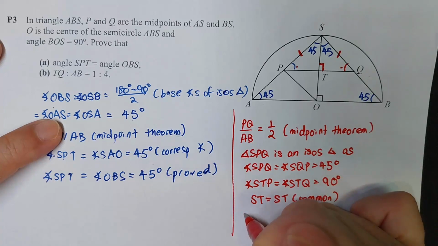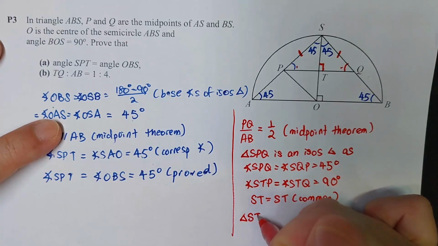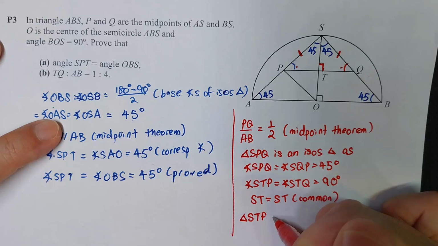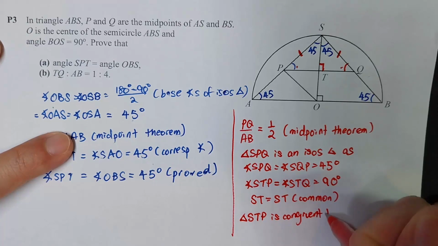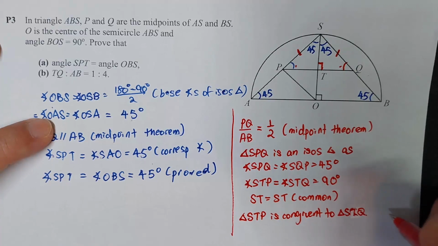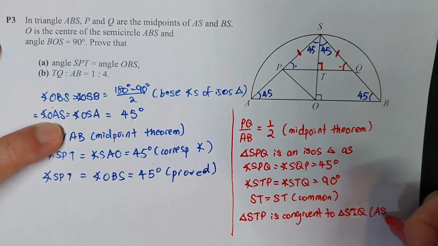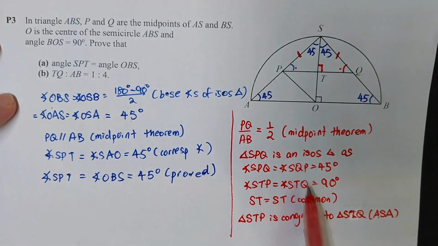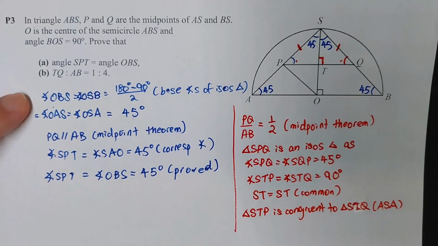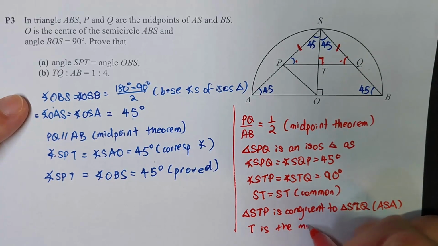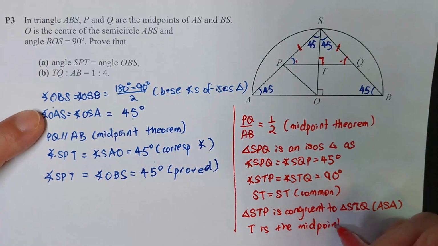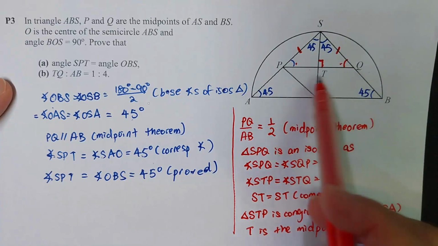So triangle STP will be congruent to triangle STQ because of ASA, angle side angle. And T is the midpoint of PQ, or PT equals QT.